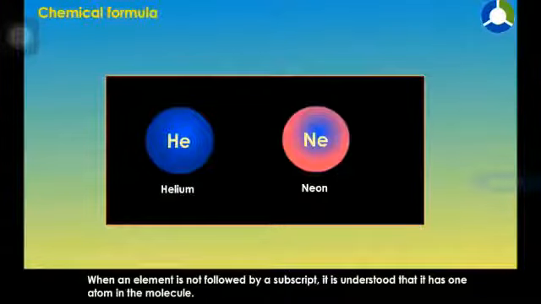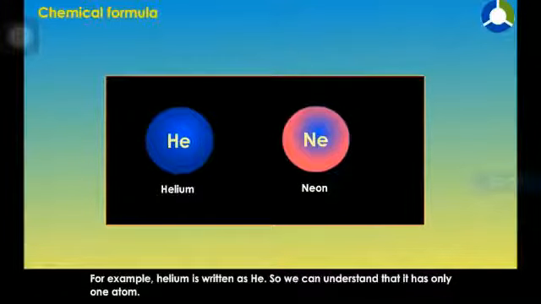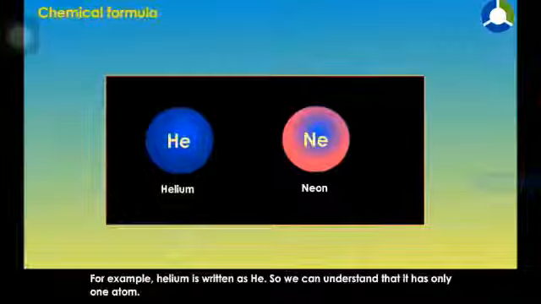When an element is not followed by a subscript, it is understood that it has 1 atom in the molecule. For example, helium is written as He. So we can understand that it has only one atom.